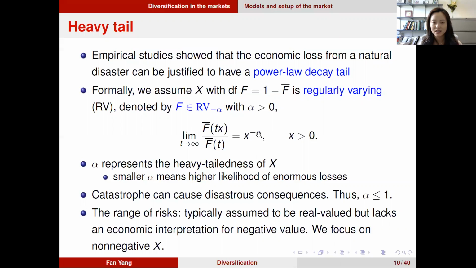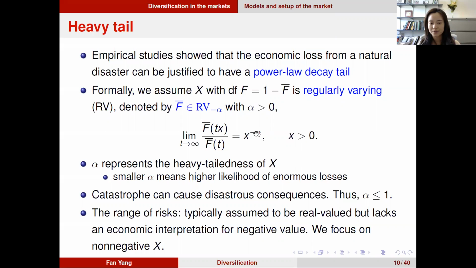And here, the index is very important in regular variation. This index alpha represents the heavy-tailedness of X. Smaller alpha means a heavier tail. A heavier tail means a higher likelihood of enormous losses, so larger losses are more possible. And another thing is on the range of the parameter.